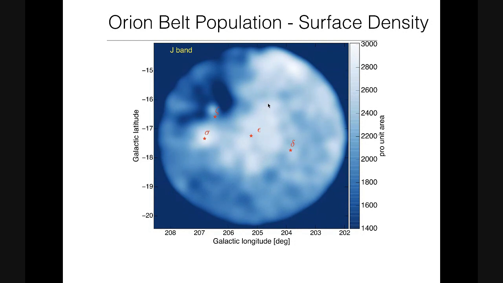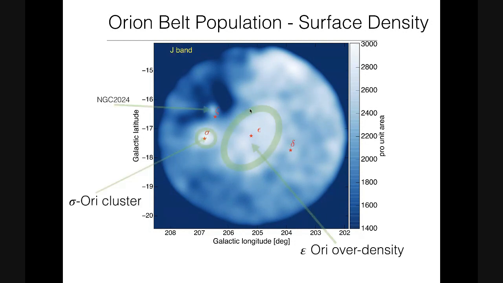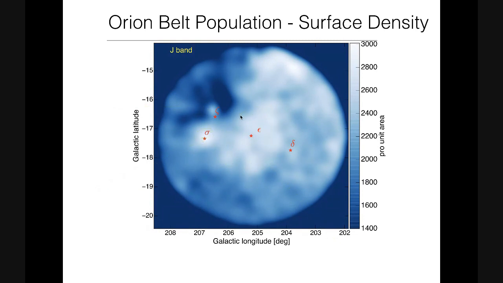We can identify some structures: the well-known Sigma Ori cluster, which is very young, a 1 to 2 million year old cluster around the Sigma Ori quadruple system. Then the embedded NGC 2024, and something that had not been mentioned or identified clearly in the literature before: the overdensity around Epsilon Ori.